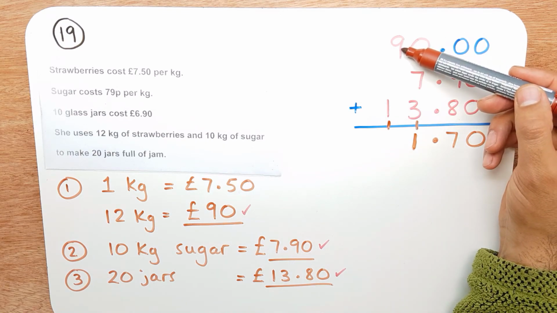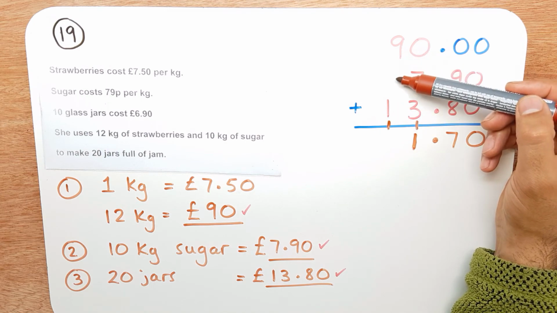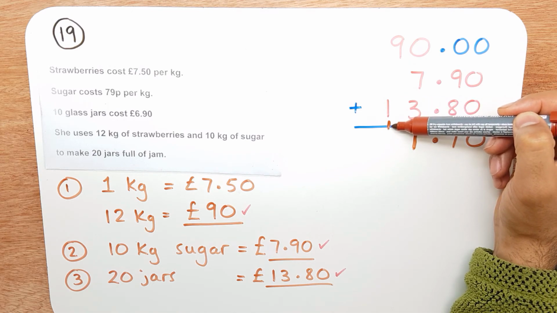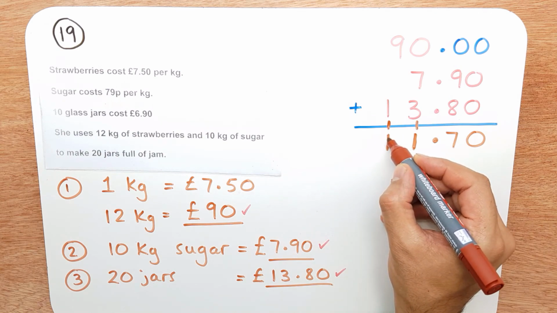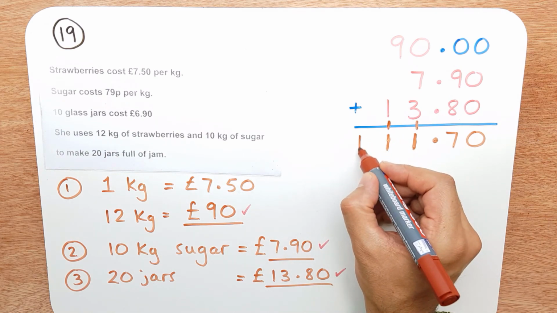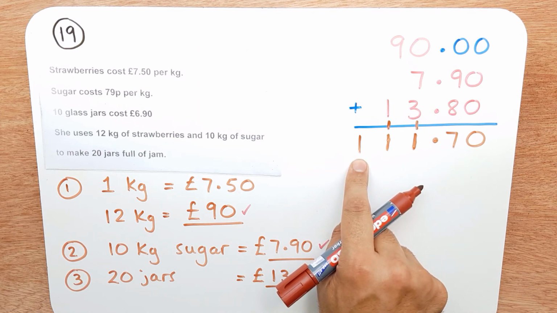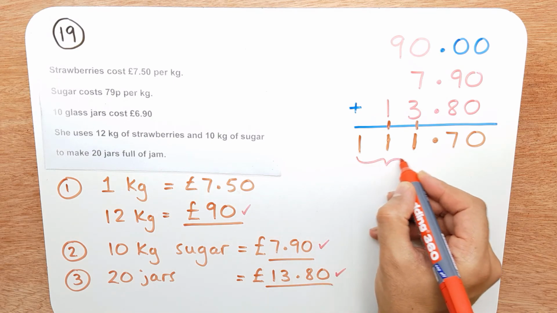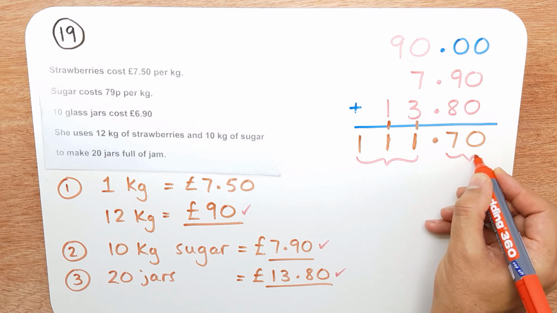Now in this column we've got a 9, we've got nothing there, and we've got a 1 there. So it's 9, add nothing is 9. Add this 1, which is 10, and add the 1 we've carried over, which is 11. So that goes there. 11, you put the 1 down, carry the 1 over to the next column, because there's nothing else that we need to do. So now this is our answer. So it's £111.70.